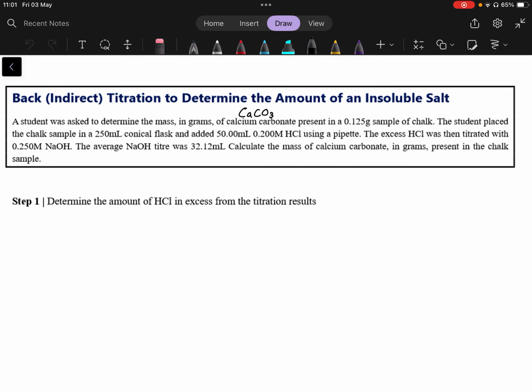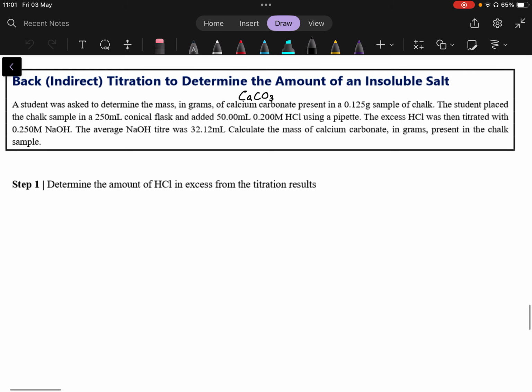Okay, let's draw a picture. You're probably tired of this by now, but it always just helps. So a conical flask, that is a better one, more diagrammatically correct almost. In this we place our sample, the 0.125 gram sample.